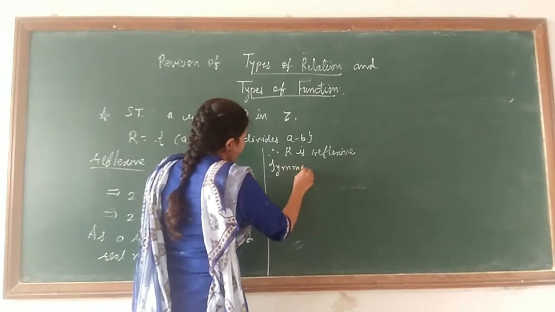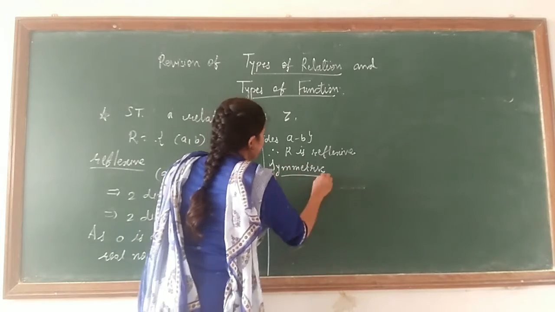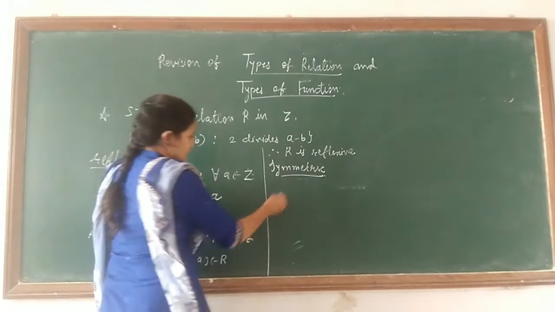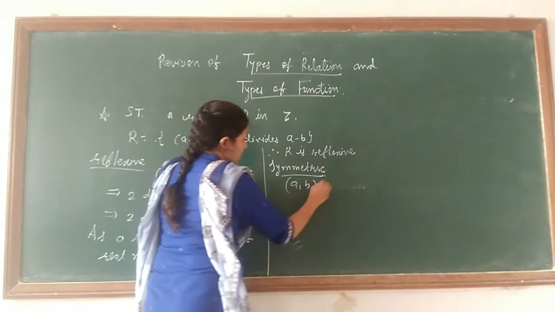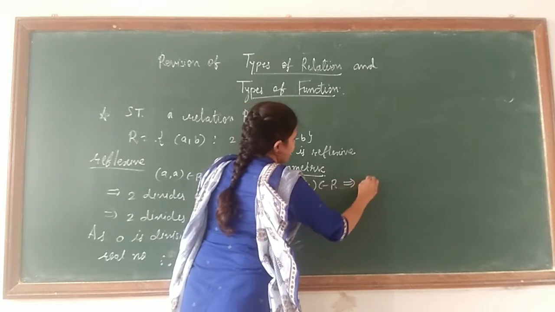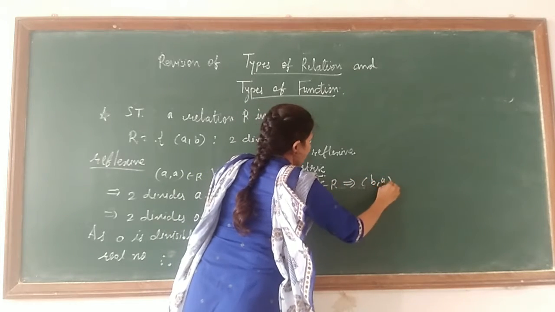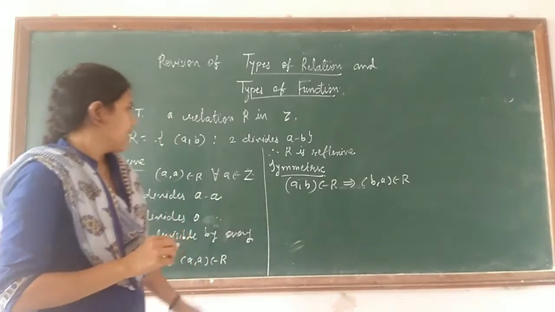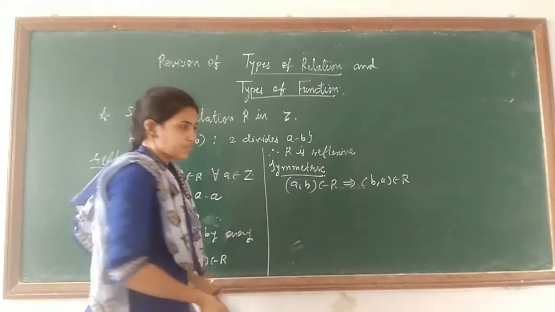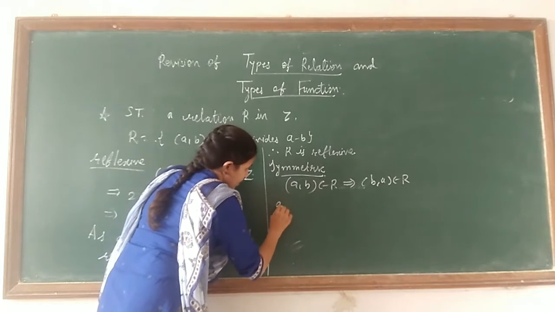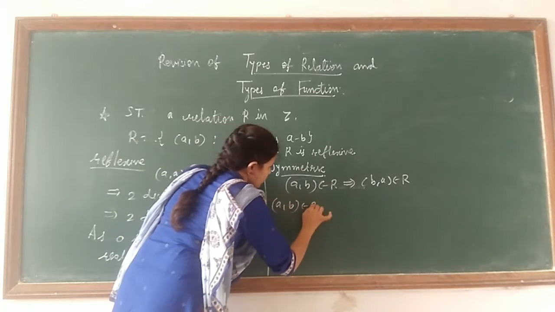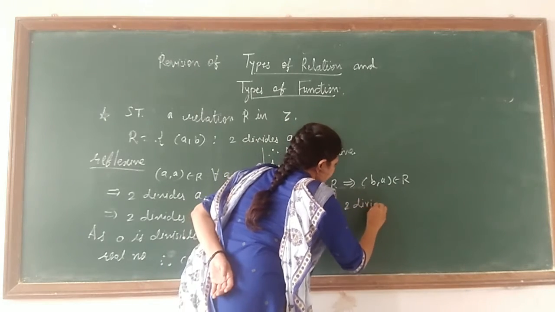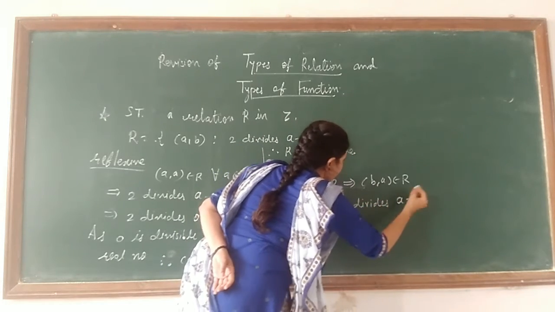Let us recall the property for a symmetric relation. Symmetric means if (a, b) belongs to R, then (b, a) must belong to R. So we start from here: (a, b) belongs to R. That means 2 divides a minus b.